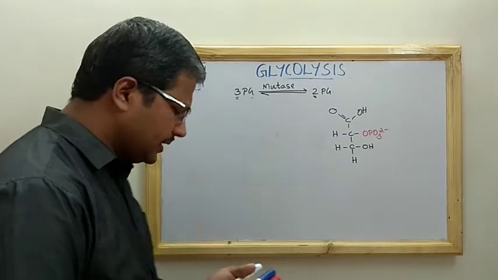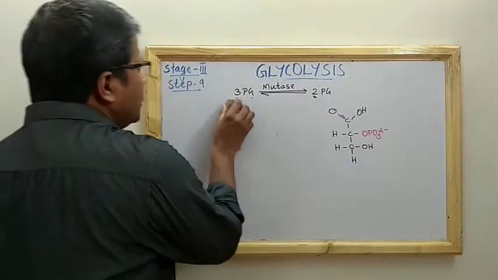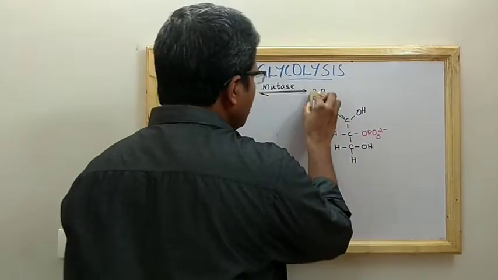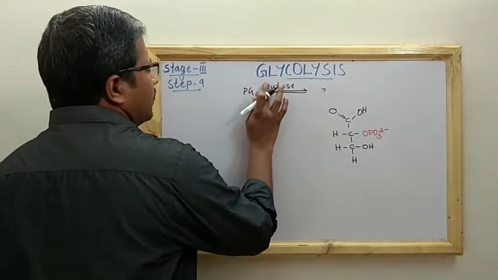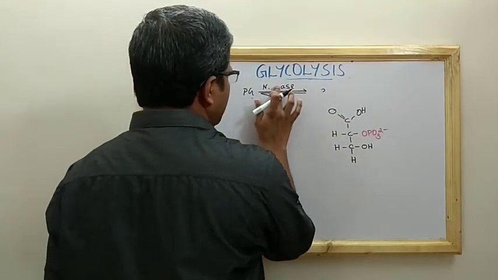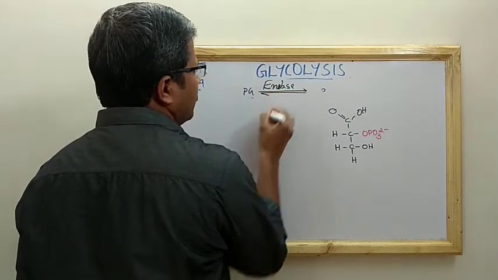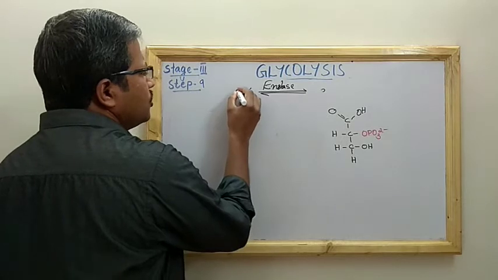So it is catalyzed by the enzyme enolase. So let us see the reaction. Here 2-phosphoglycerate is converted into phosphoenol pyruvate, and the enzyme is enolase. Enolase enzyme catalyzes this particular reaction.